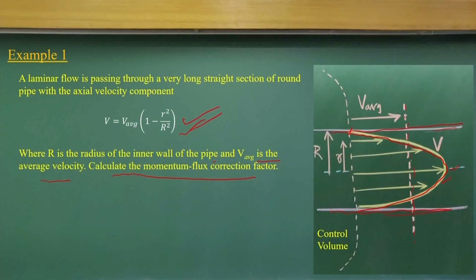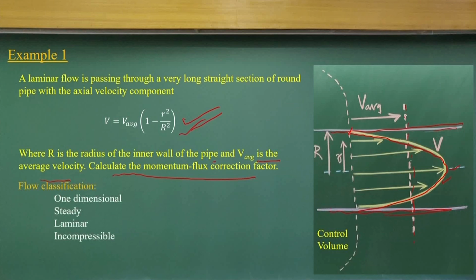Now we want to compute the momentum flux correction factor if this is the velocity distribution. Let us classify the problem first. Is it one dimensional flow? Yes, because we are considering the velocity distribution. It is steady, laminar, and incompressible. First you classify the flow, which shows how you have made the assumptions to solve these problems.